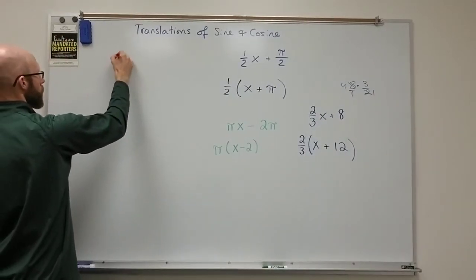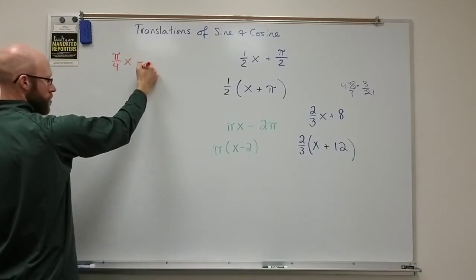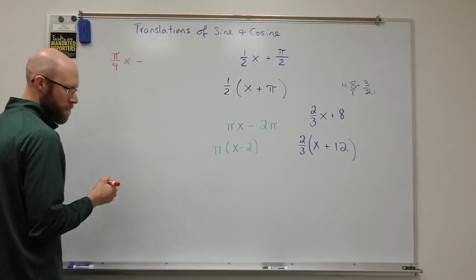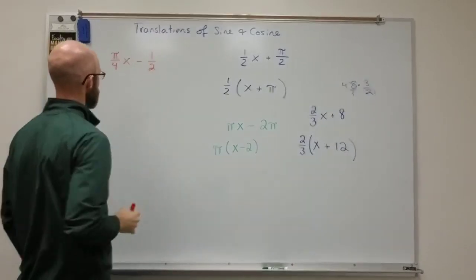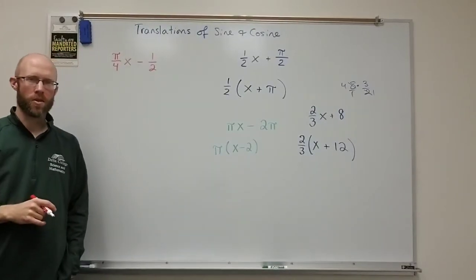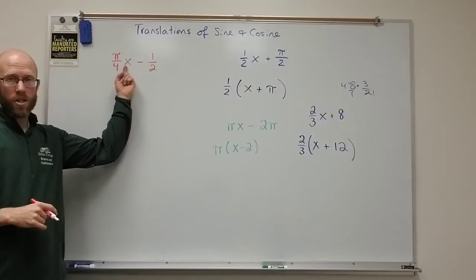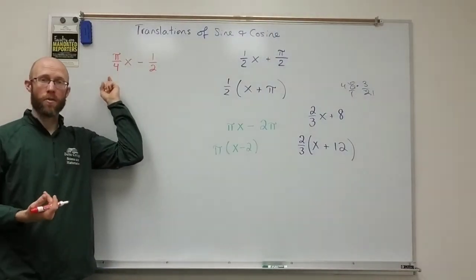Maybe something like pi over 4x minus 1/2. This one's a little bit tricky. So here, if I wanted to factor out and get just an x by itself for the first term, I'd have to factor out pi over 4.